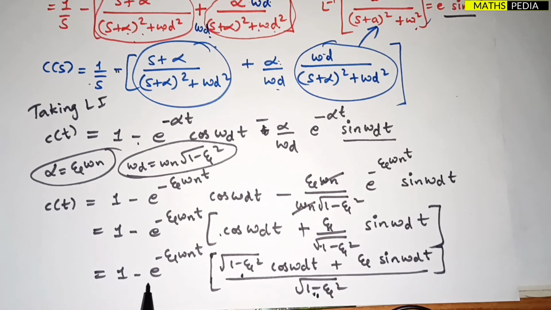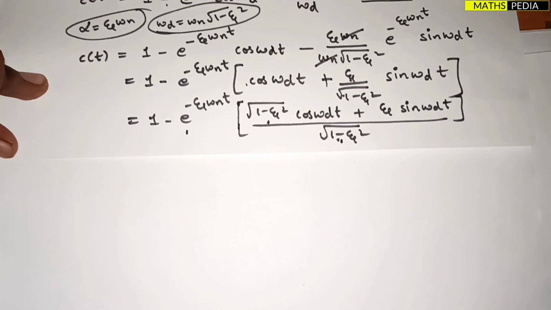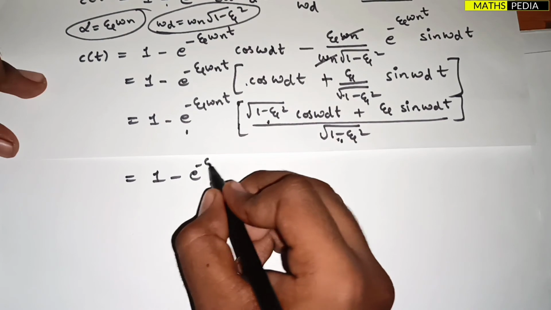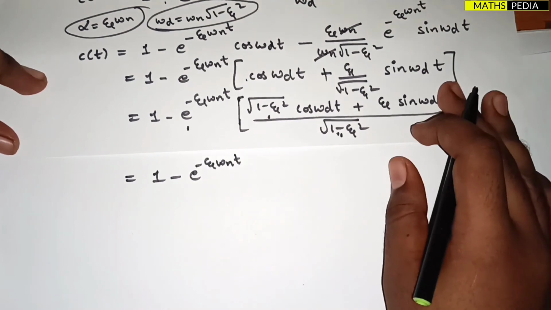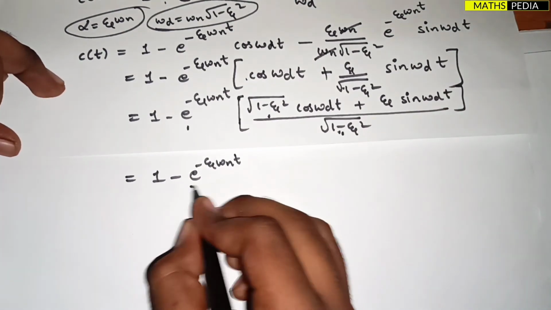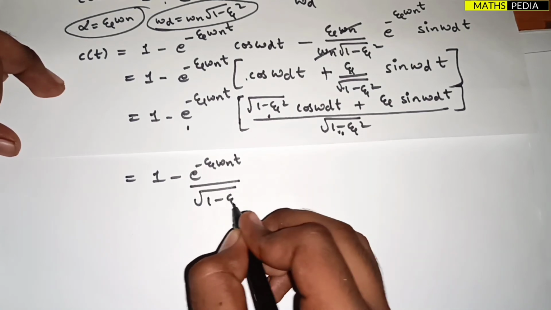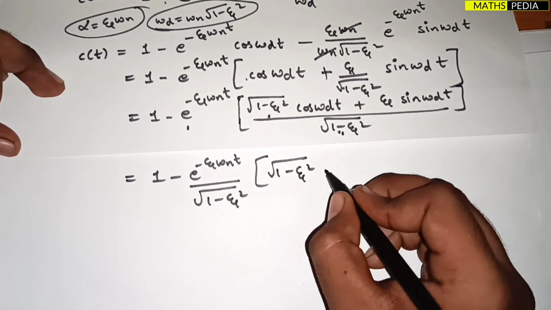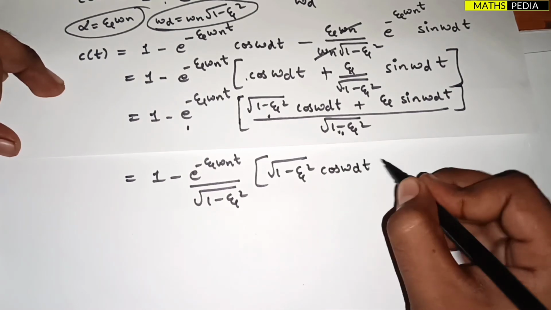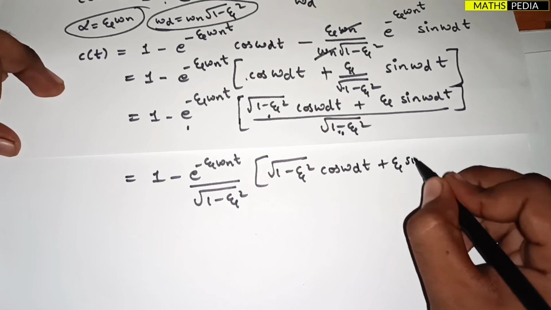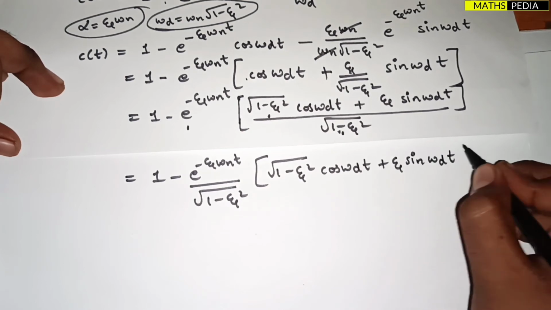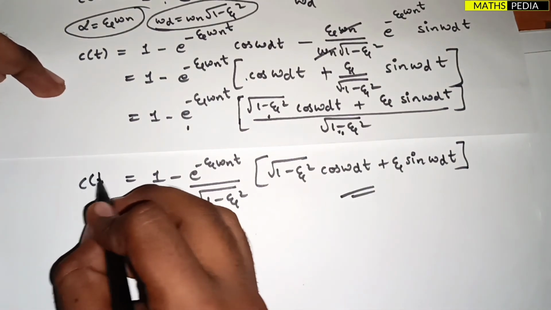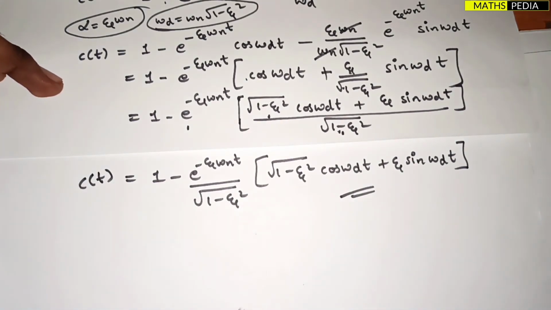This thing I can take outside. Now it will become 1 minus e power minus zeta omega n t divided by square root of 1 minus zeta square, I'll take outside, into square root of 1 minus zeta square cos omega d t plus zeta into sine omega d t. So this will be the final c of t.